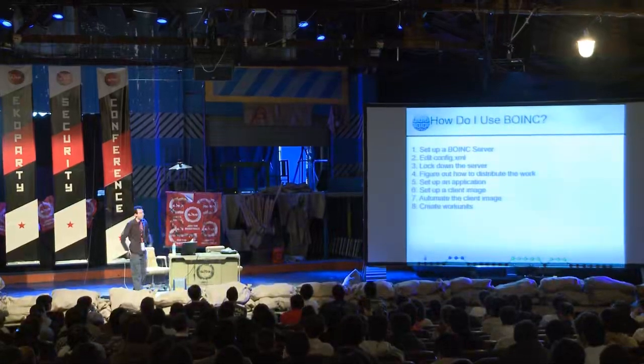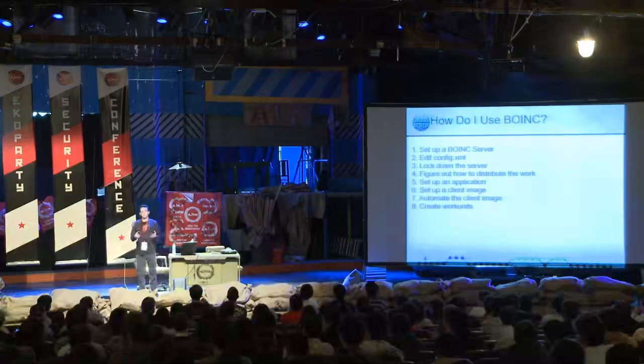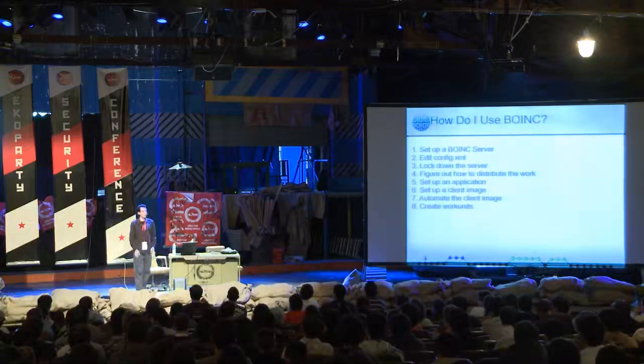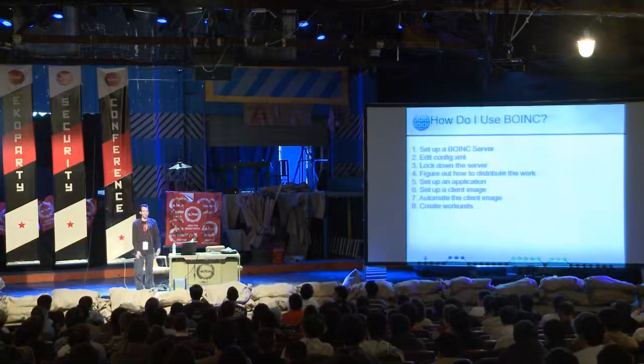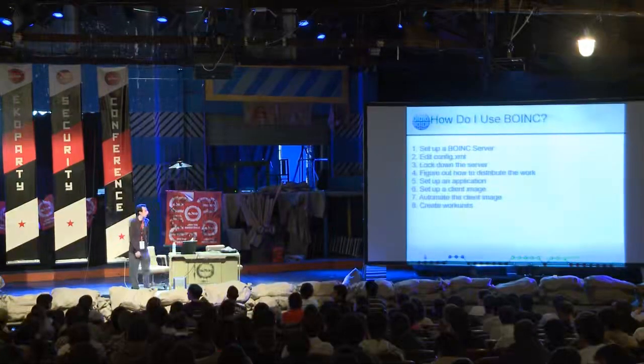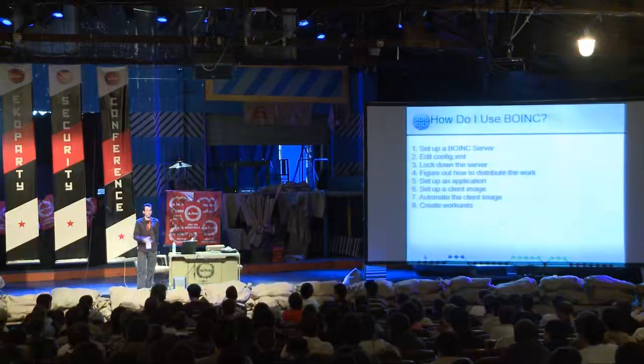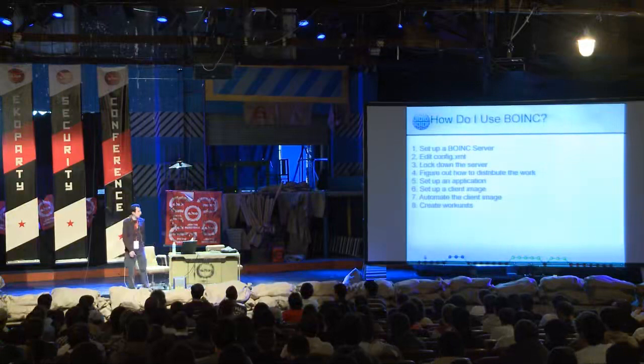And then if you're doing this, you have some idea of what you want to work on. Let's say it's fuzzing. You want to fuzz a program and you have, say, 50 files. So you're going to figure out how to distribute that work. 50 files, one file on each computer, very straightforward. You set up your application that you want to do the fuzzing, whether that's Peach or something else.